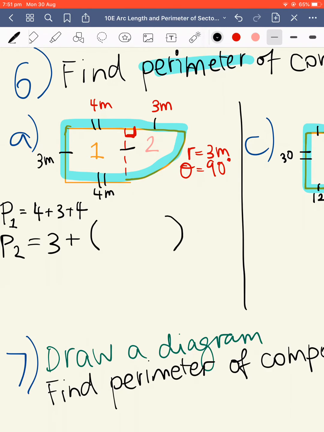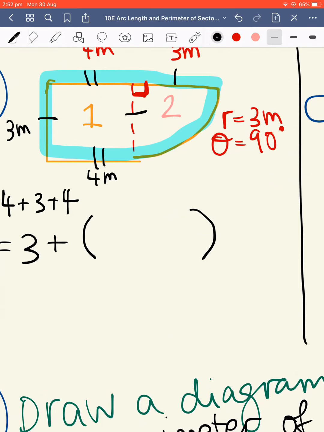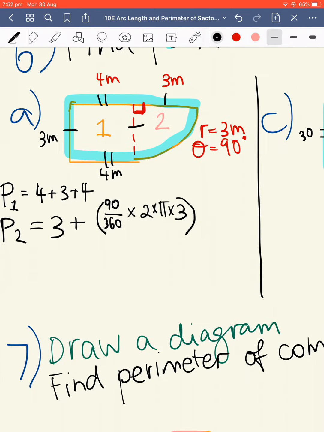The formula is your part of your circumference: your angle divided by 360 multiplied by 2 multiplied by pi multiplied by your radius, which is 3 meters in this case.